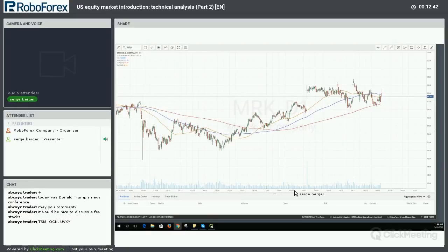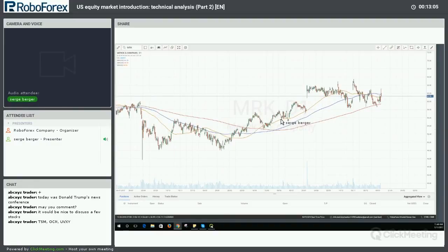Whatever moving average you use, make sure you use the same color. So if you're going to be using, let's say, the 200-day moving average for your intermediate term time frames, make sure you always make it the same color. In my case, I always make my 200-day moving average red, I make the 50-day yellow, and so on.